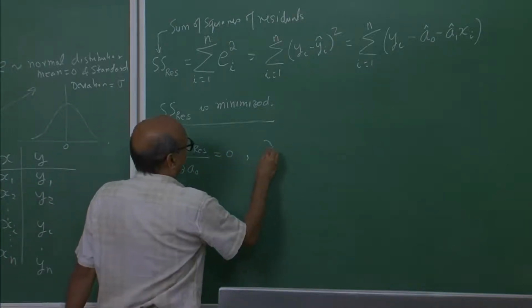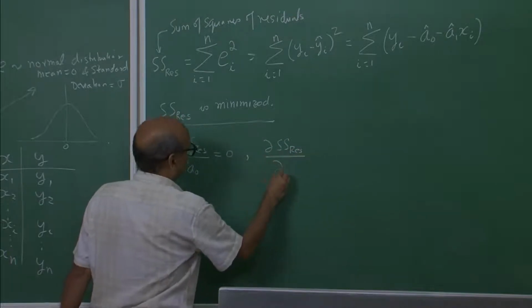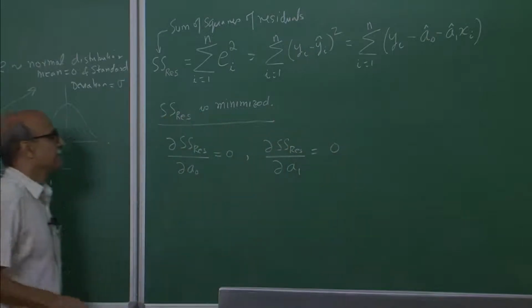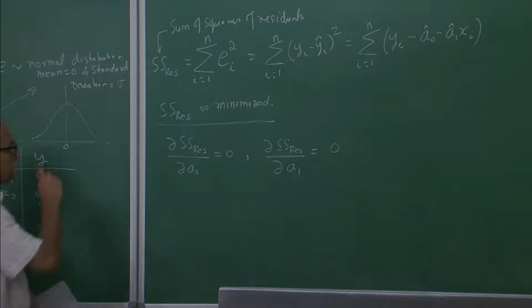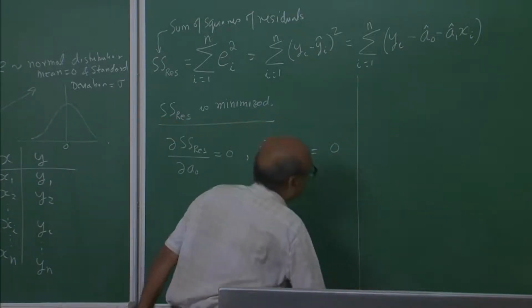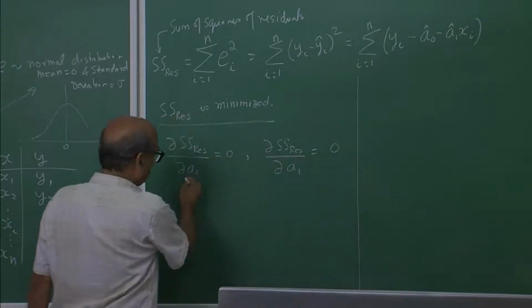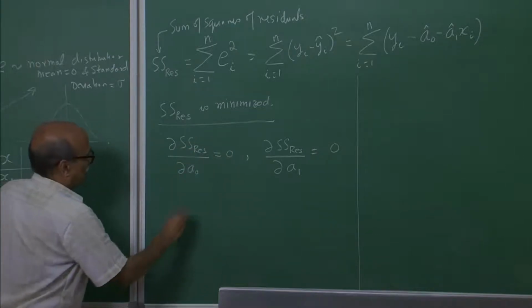Similarly, I take the derivative of the sum of the squares of the residual with respect to a1 and set that as well to 0. So, let us take the derivatives now. First, let me take the derivative with respect to a0.